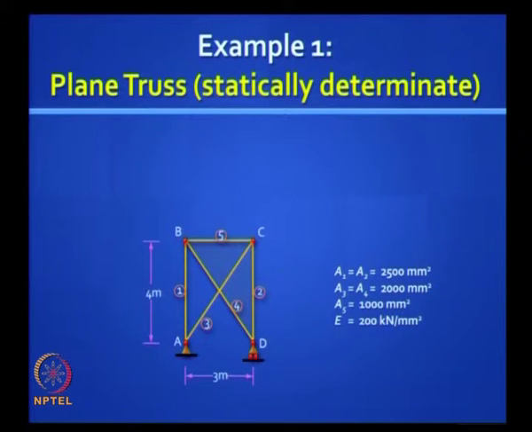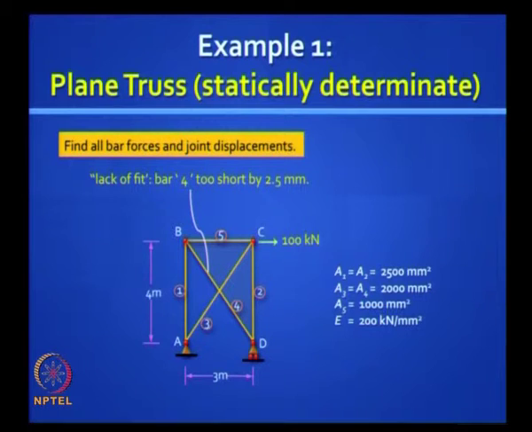Let us take this example. This is a 5 bar truss or pin jointed frame. It is simply supported, so it is externally statically determinate, it is internally statically determinate. You can check M plus R is equal to 2J, and you are given some loads, two loads.